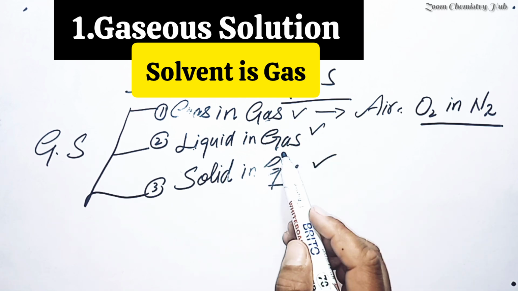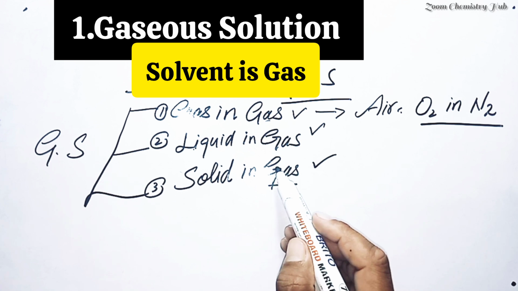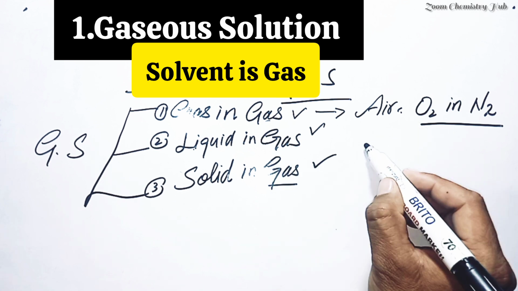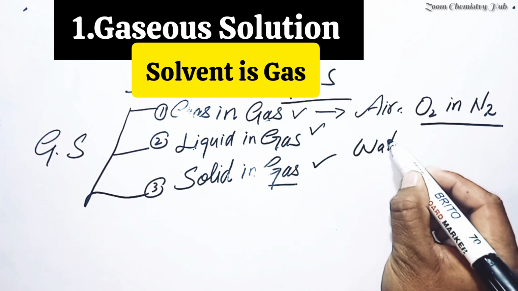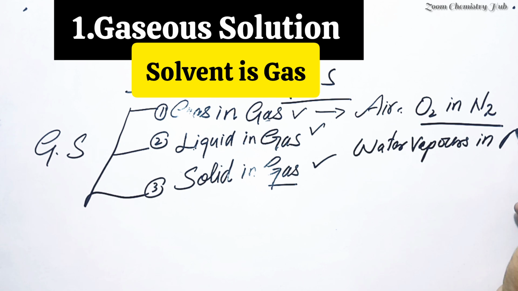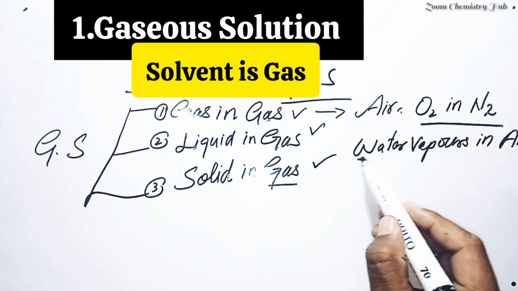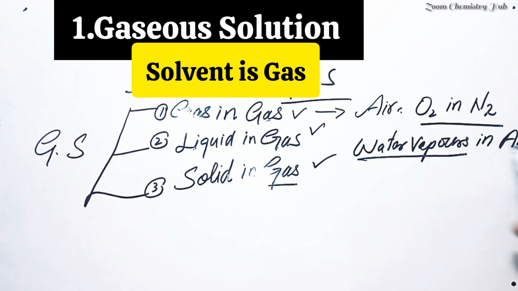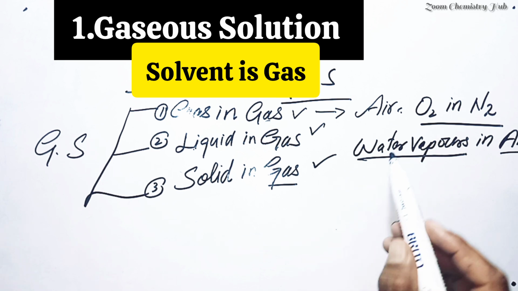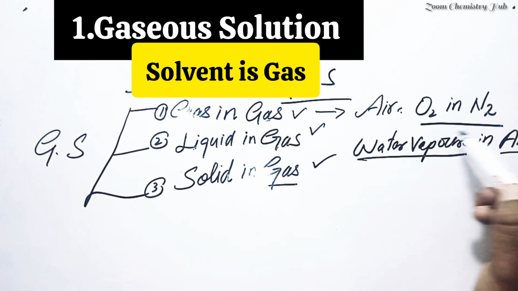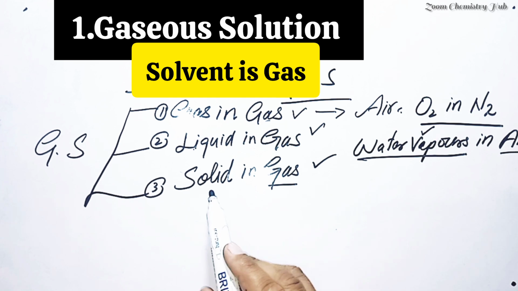Similarly, liquid in gas is the example of water vapors in our air. Water vapors are liquid and they are present in our air, so it is the example of liquid in gas. Here the solvent is air and solute is water vapors.